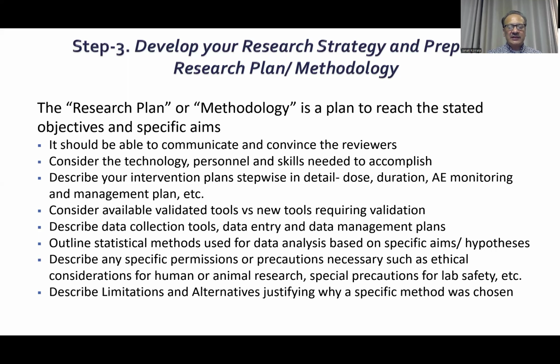That's very important, that you should define the statistical method for each and every specific aim or hypothesis. Describe any specific permission or precautions necessary, especially from an ethical point of view, and describe limitations and alternatives to overcome those limitations.